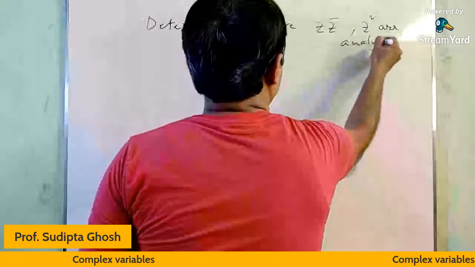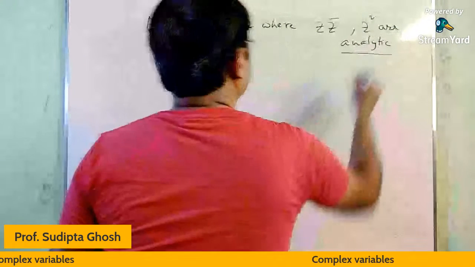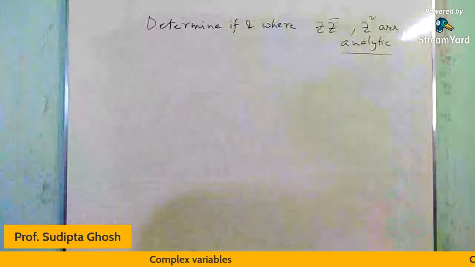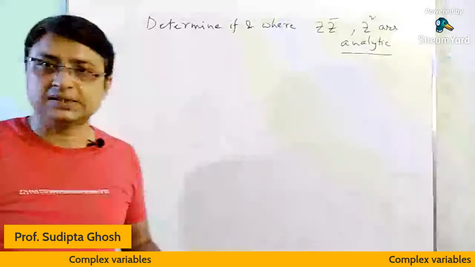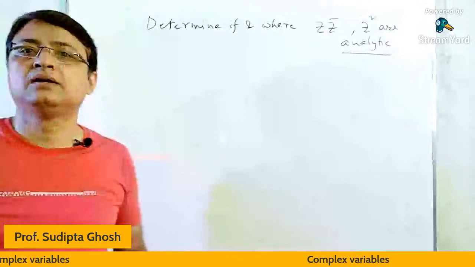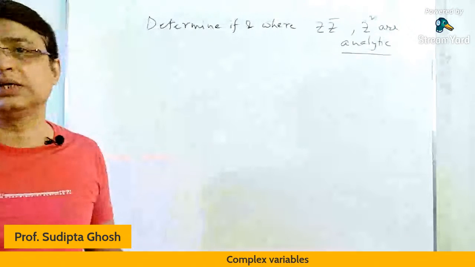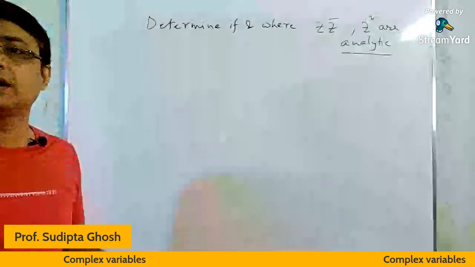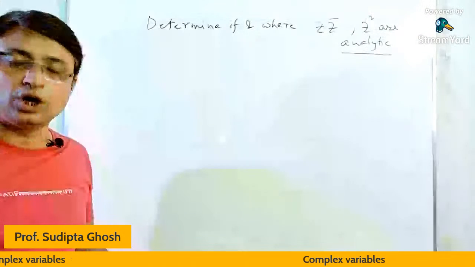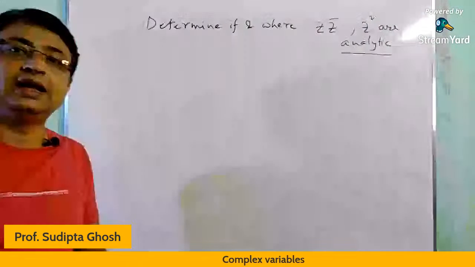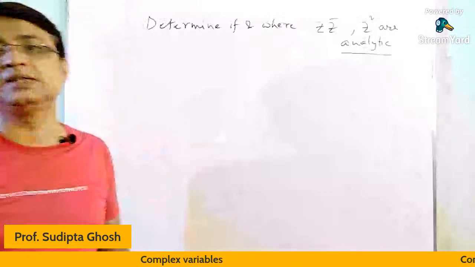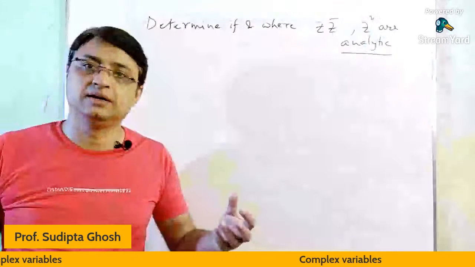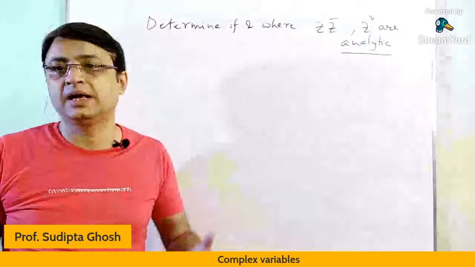Here we are asking for verifying whether these functions are analytic or not, and if they are analytic, then we have to find out the region in which these functions are analytic.